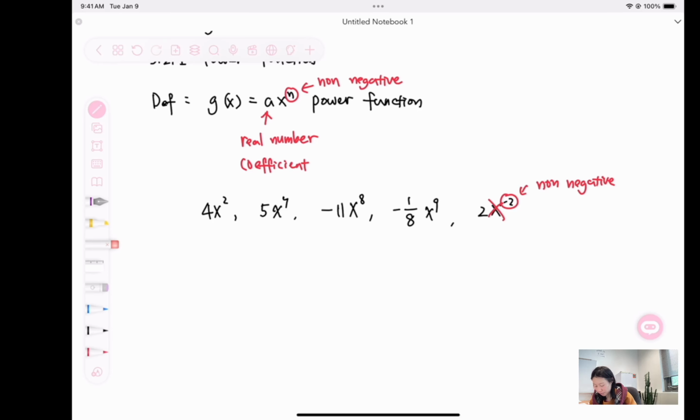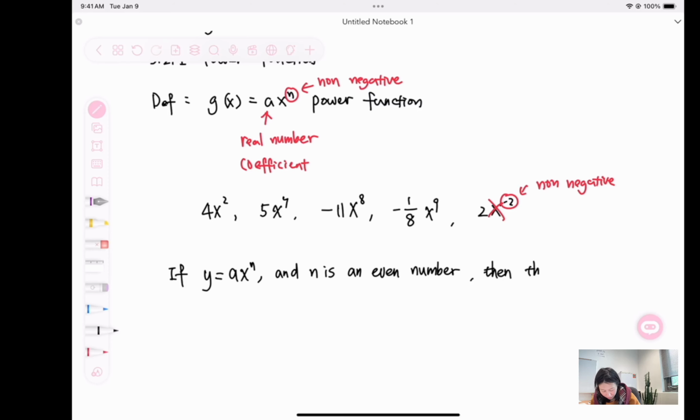If y equals a times x to the n, and n is an even number, then the end behavior is similar to y equals x squared, which is the parabola.